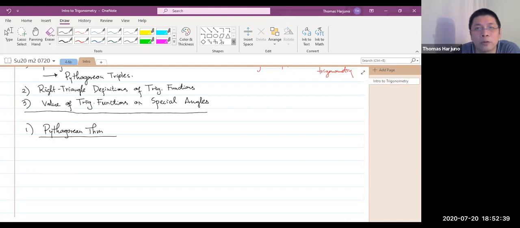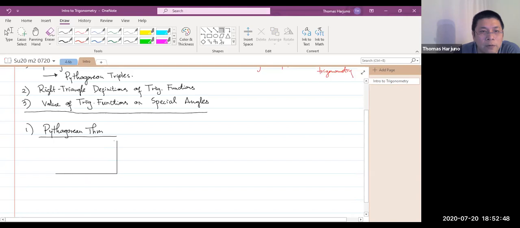So suppose I have a right triangle, with the right angle here. Let's say triangle ABC with the right angle at C.